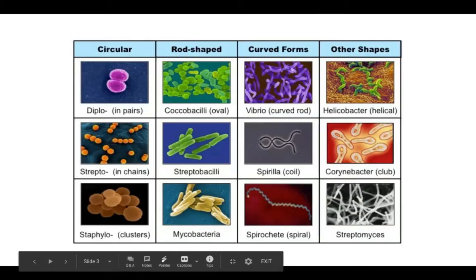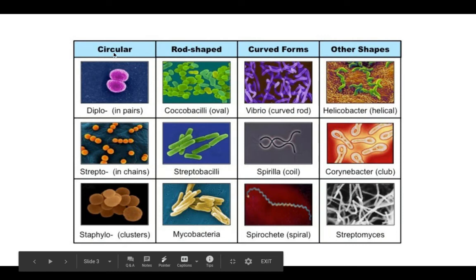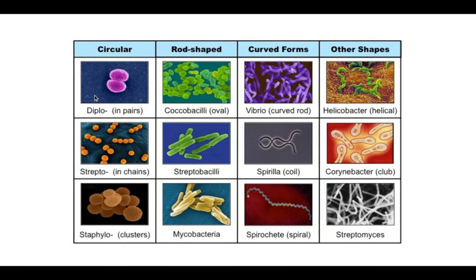So bacteria are different shapes, okay? And different bacteria always grow in different shapes. And you've got three common shapes, and then you've got another group, which are just some uncommon shapes, okay? So the first of the common shapes is circular. This is probably the one maybe you're most familiar with, where the bacteria will be in pairs, okay? Well, not always in pairs, but the bacteria will be circular, okay?